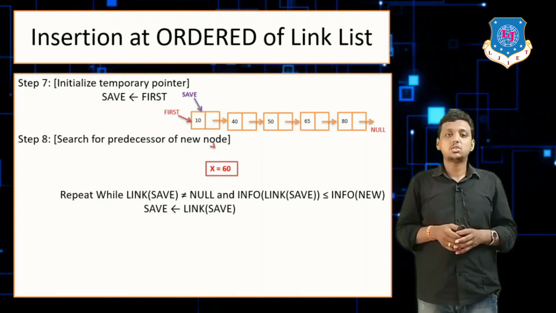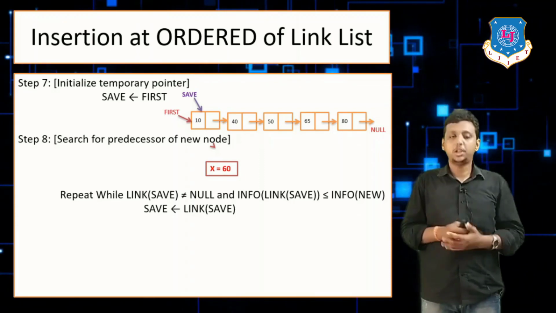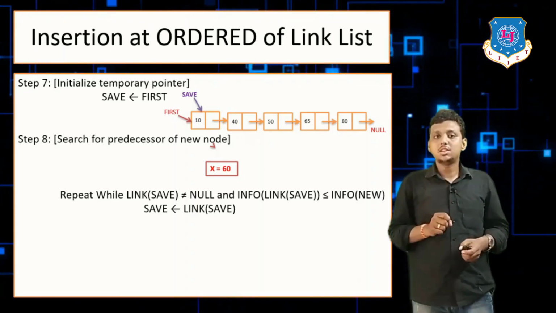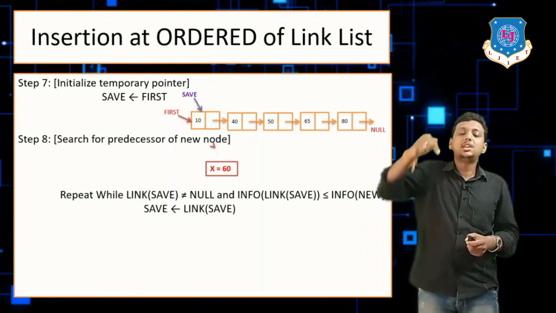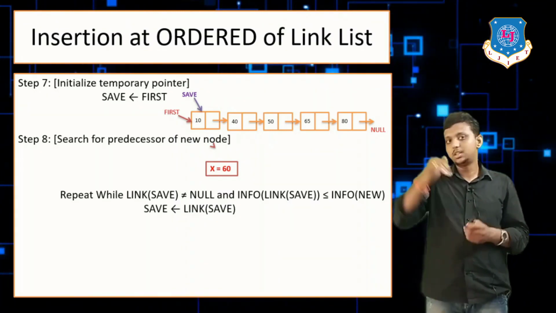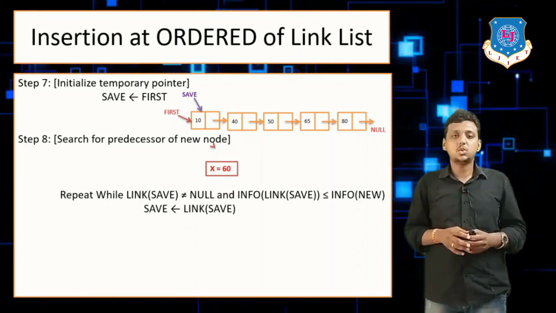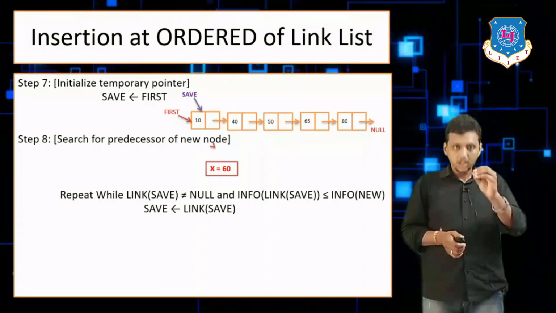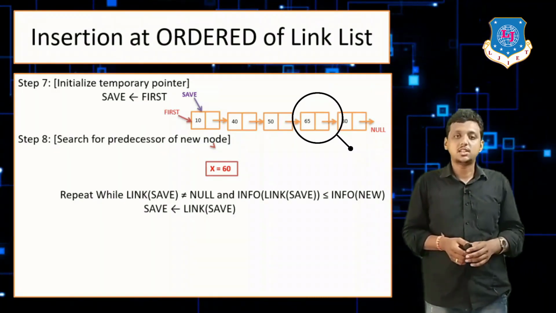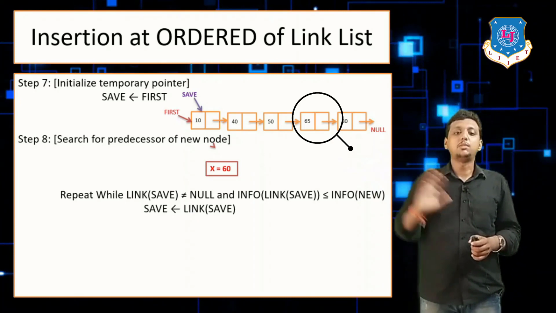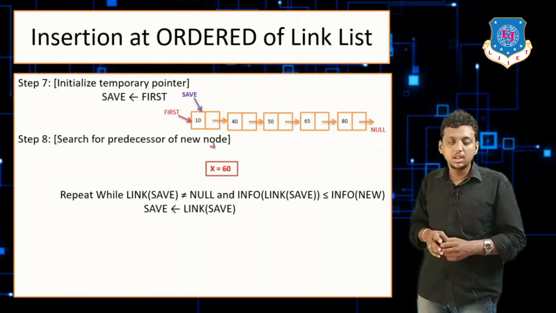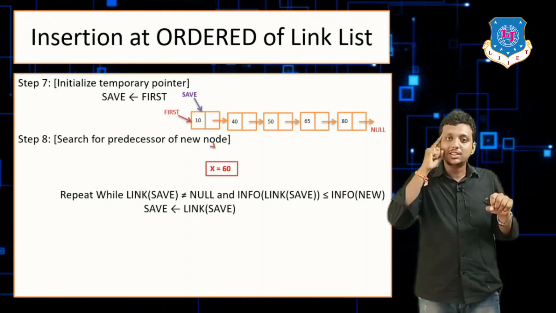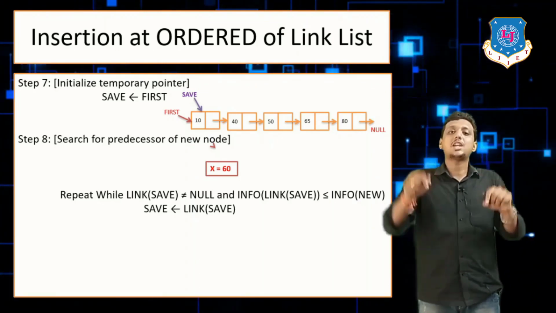For this particular situation, students, I need to move my save pointer. Now, the question is where to stop this save pointer? Now imagine a situation. If you stop your save pointer at 65, then what is the name of 50? Do you have any name? If you want to do any operation in the linked list, students, always remember that you need to assign pointers.